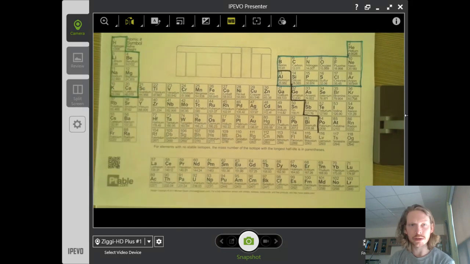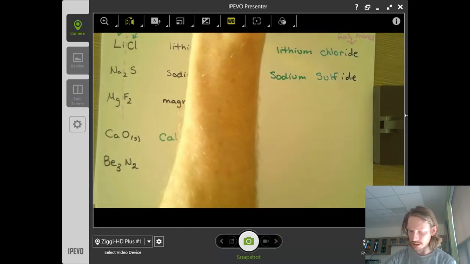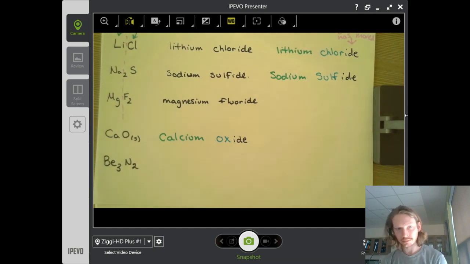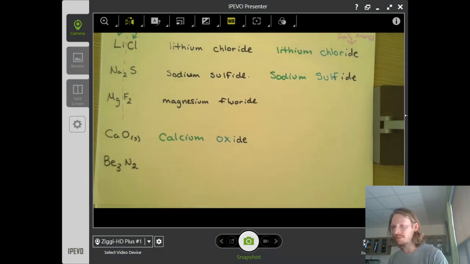So again, pause the video. We have beryllium, we have nitrogen. How are we going to name this? Pause the video and we'll see if we get it right. Okay, so beryllium, see right there, I made a capital, so I'll scratch that out.